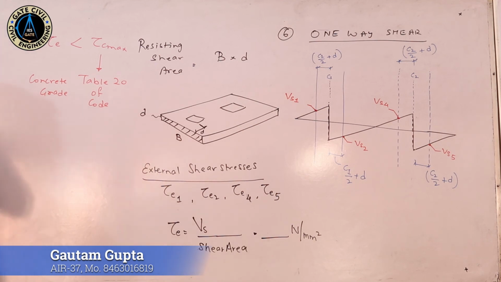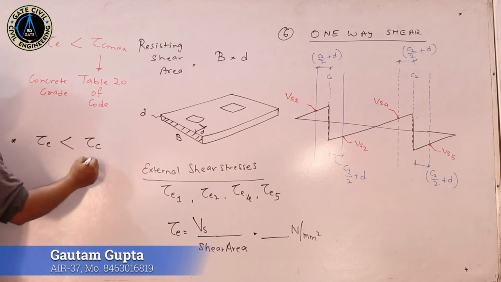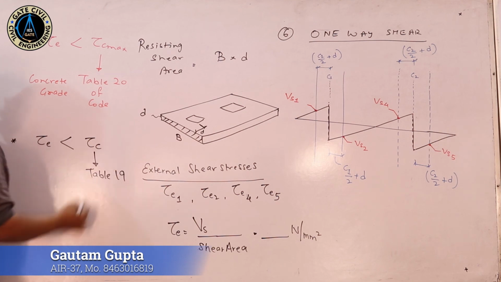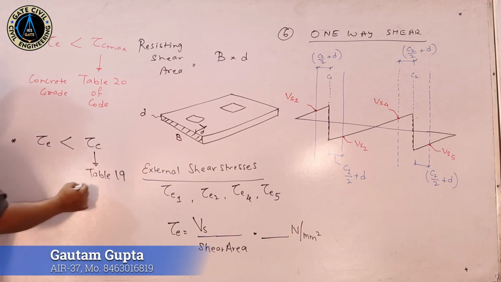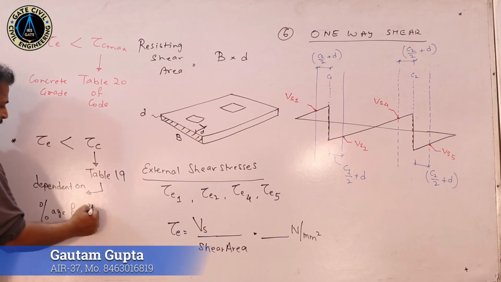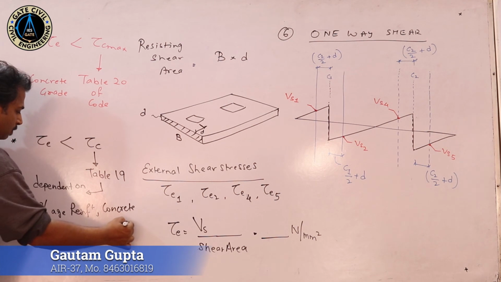And the second criteria is tau E shall be less than tau C. This tau C is calculated from table number 19 of the code, and the value is dependent on the percentage reinforcement as well as the concrete grade.